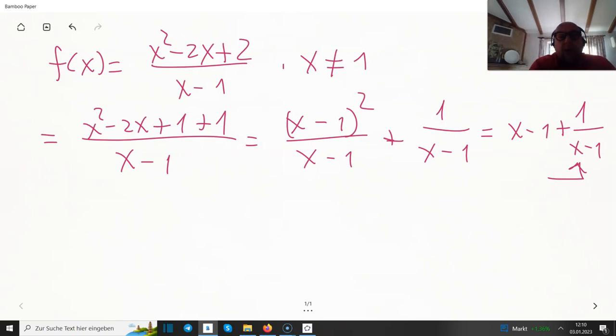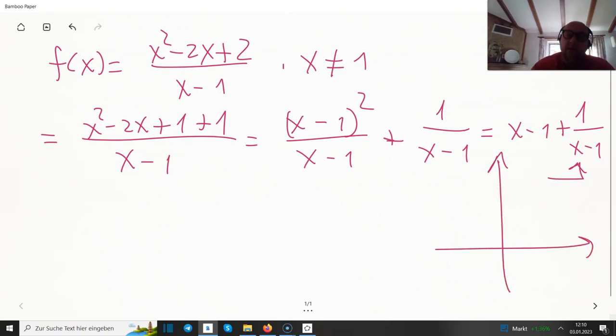And we are going to have no symmetry here because x minus 1 is a straight line, and 1 divided by x minus 1 is a function which is having troubles at 1. So basically 1 here and minus 1 there. And in the long run, we're going to look like this. And at 1, you see, this is a kind of shifted function.